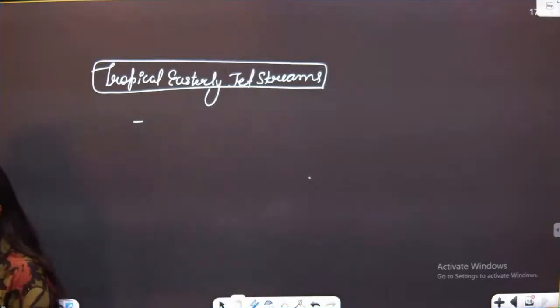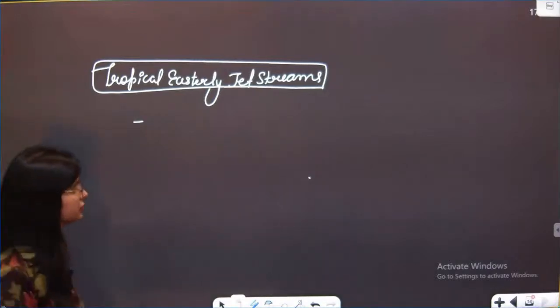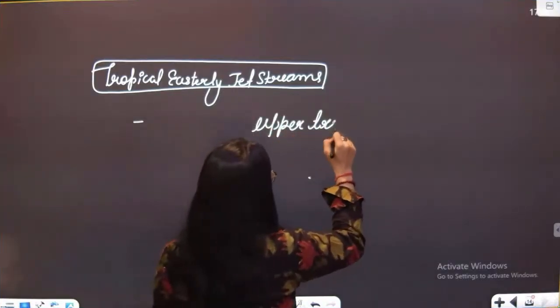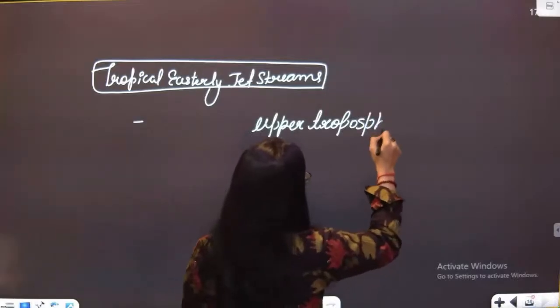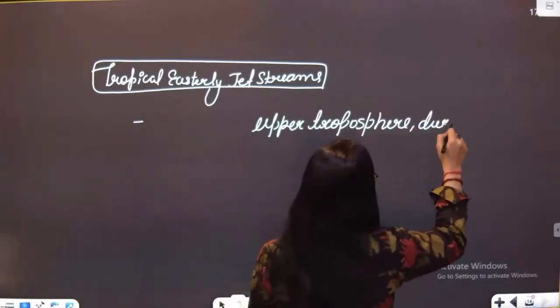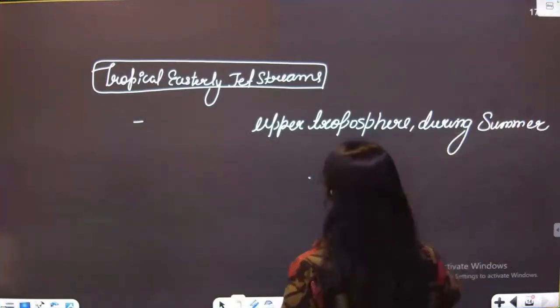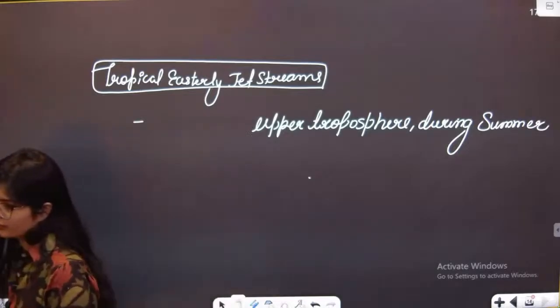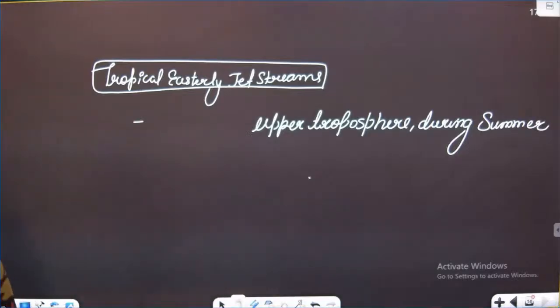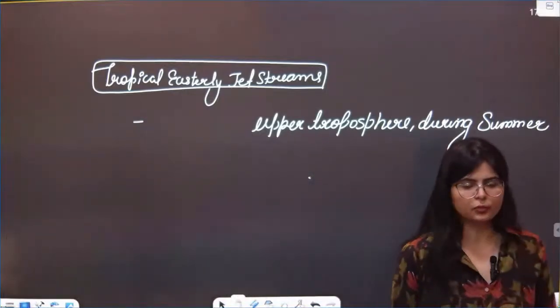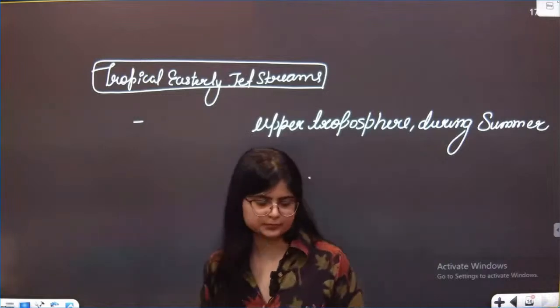Write down: formed in the upper troposphere during summer, particularly over India and Africa.